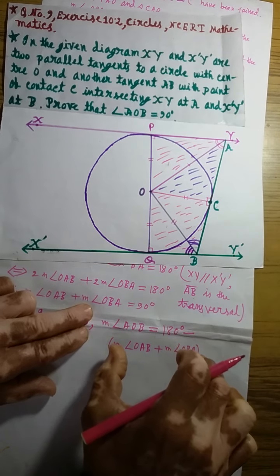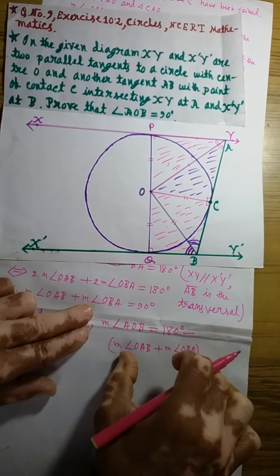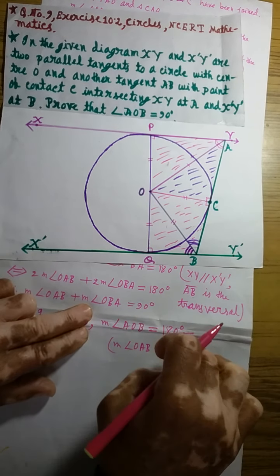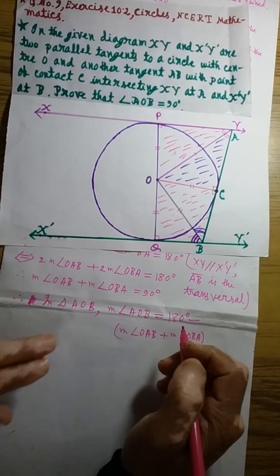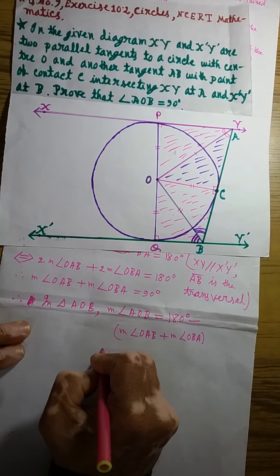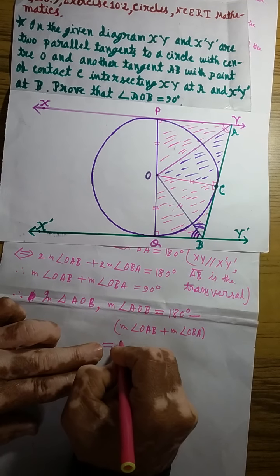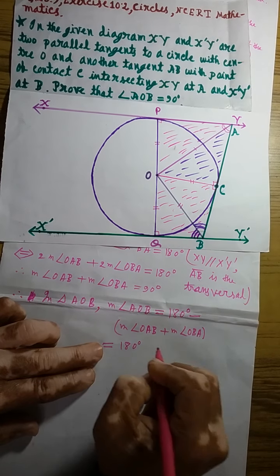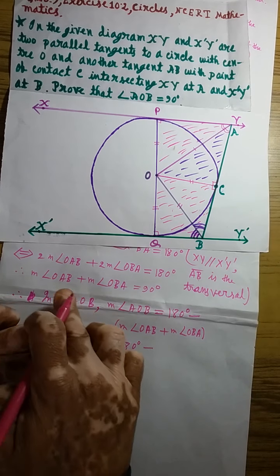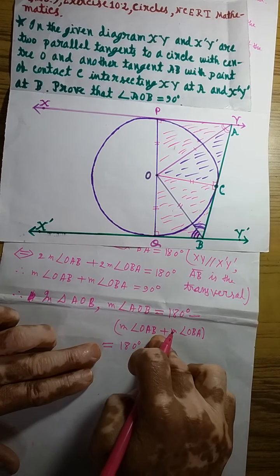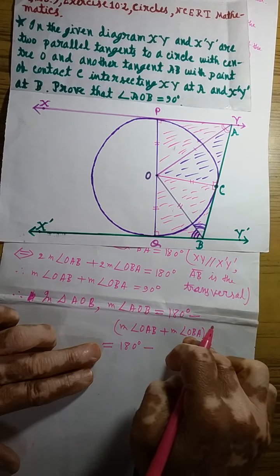If we deduct these two angles from 180 degrees, we will get 90 degrees. So we put 90 degrees in place of the measure of the angle OAB plus the measure of the angle OBA.